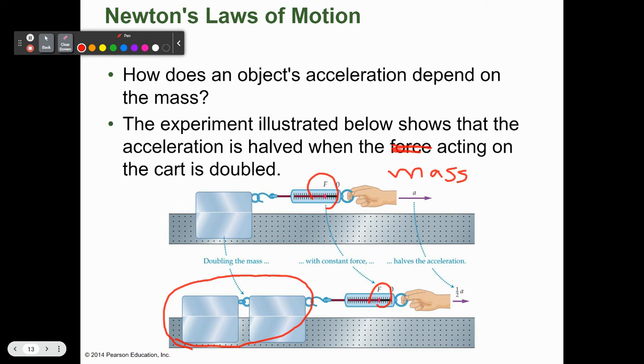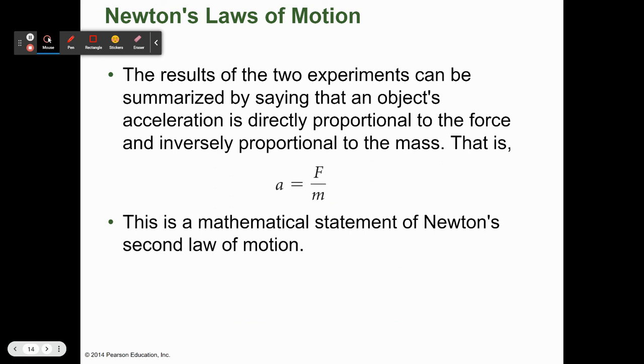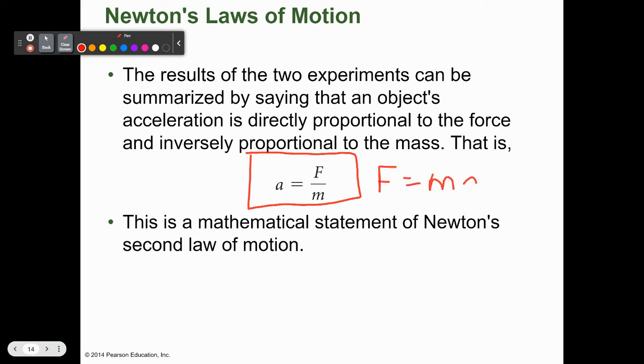Okay, so again, the force of an object is determined by the object's mass and by the object's acceleration. They're both related. Which means this is our equation for Newton's second law, that the force is equal to the mass times the acceleration.